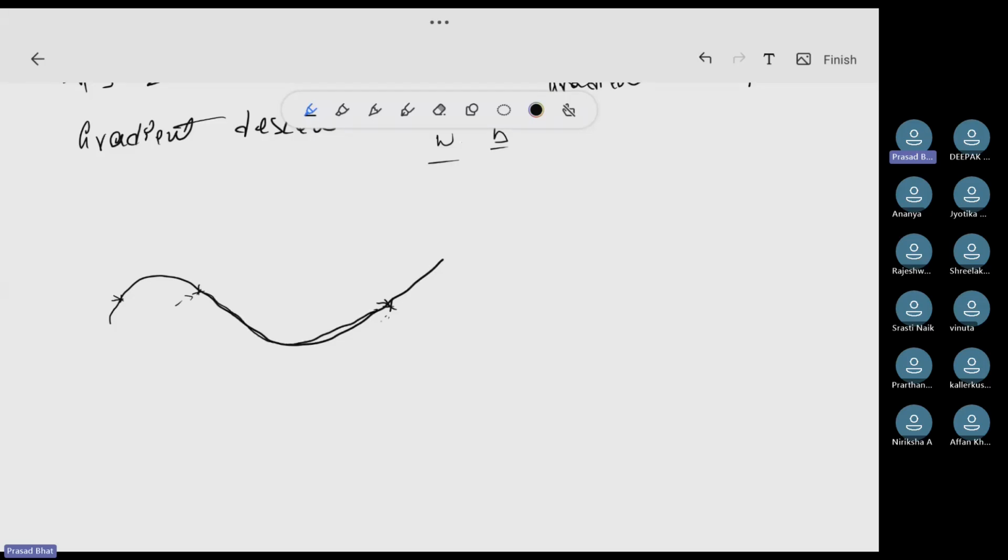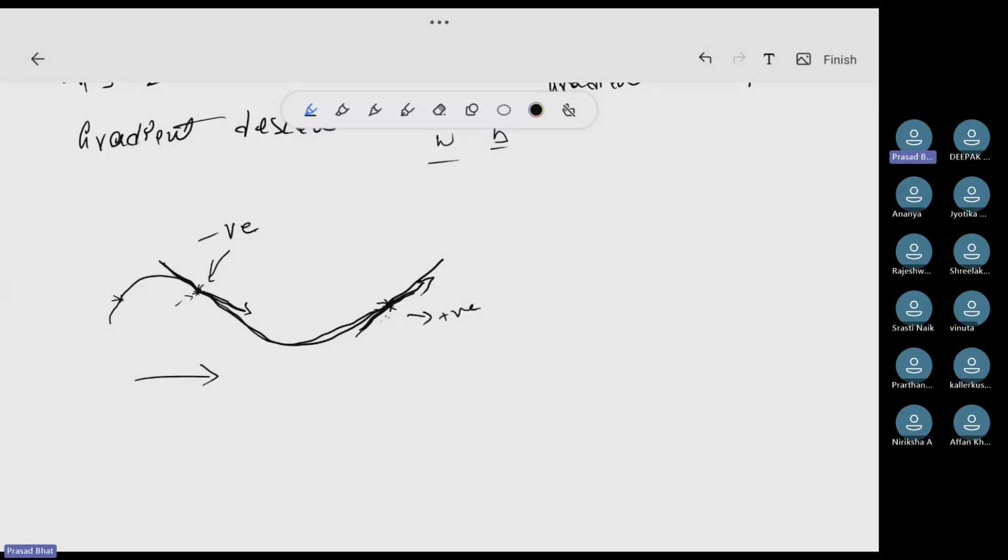So when you are here and moving in this direction, how is the tangent going to look? Something like this. It touches this point. In this direction, the slope of this tangent is actually negative. And when you are moving up at this point, the tangent is something like this, and here the slope is positive.